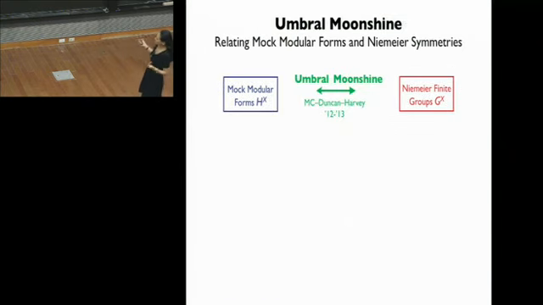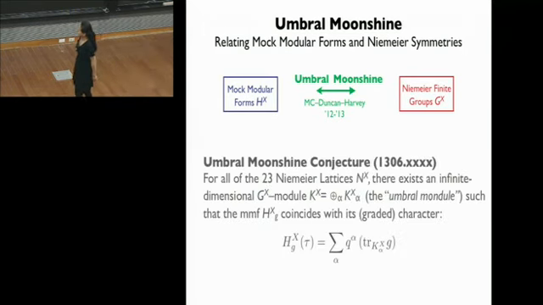So you have this uniform construction on both sides, and now we want to relate the two by phrasing this Umbral Moonshine conjecture, which says that for all 23 Niemeier lattices, there exists an infinite-dimensional module of the Niemeier group, again with a natural grading, such that its graded characters coincide with the mock modular forms that we proposed.